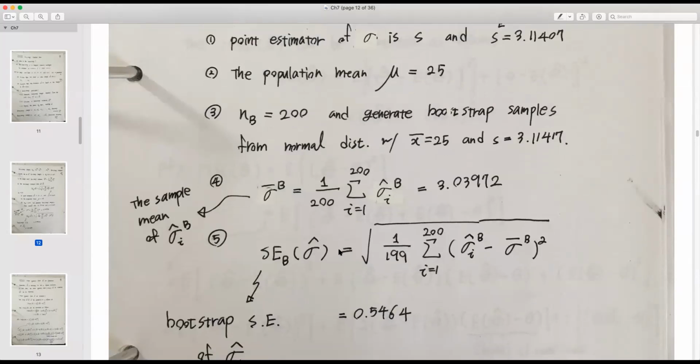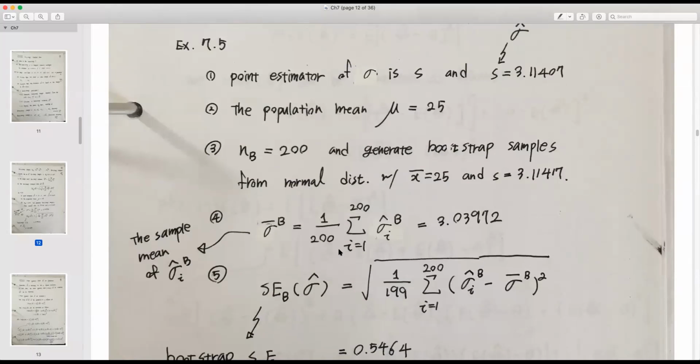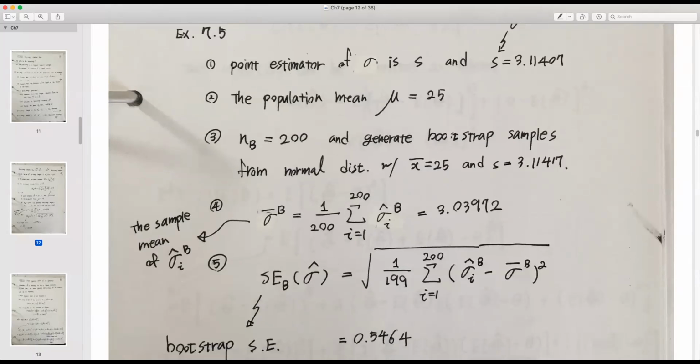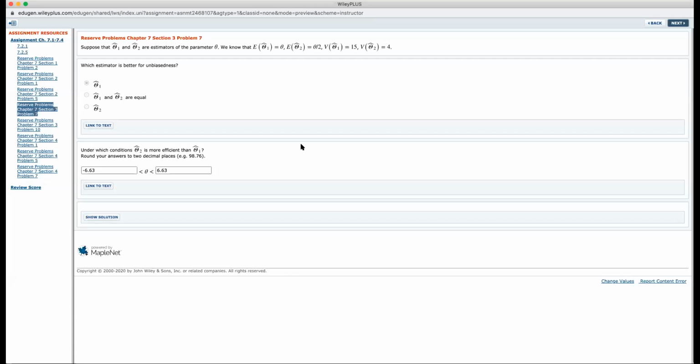I just summarized the problems in example 7.5 in the textbook, because I explained it by looking at the textbook, so let me skip it. Let's find out if there are more problems I can cover in our online homework set. Let's take a look at chapter 7, section 3, problem 7 in the online homework.